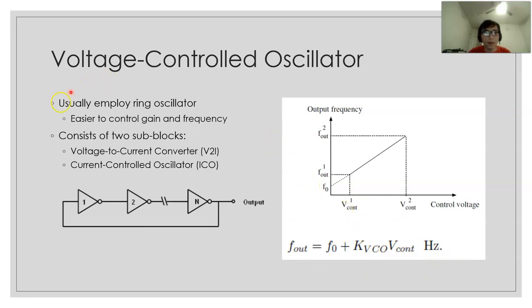And usually the VCO will be broken into two blocks for easier control of the oscillator using current, so we have to use a voltage to current converter.